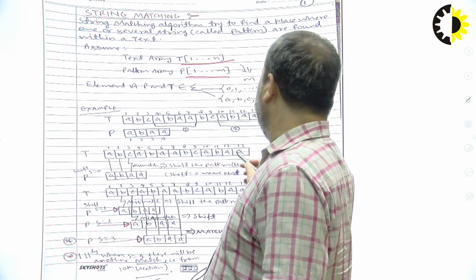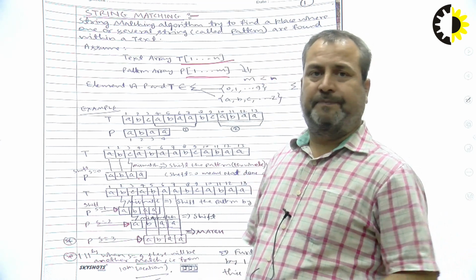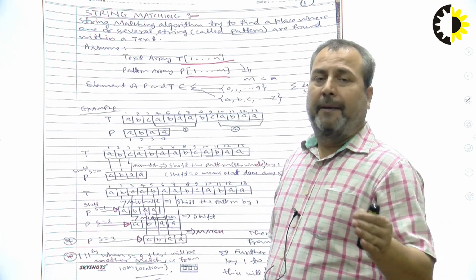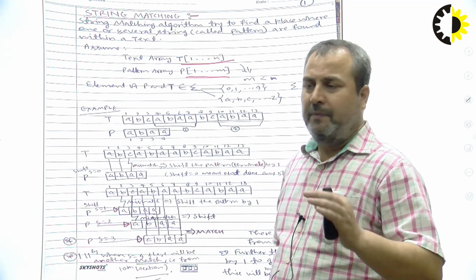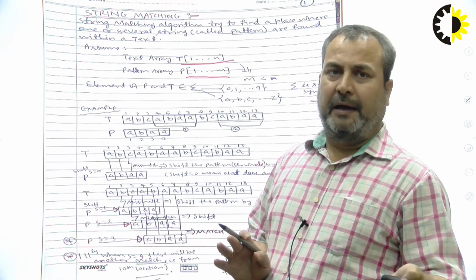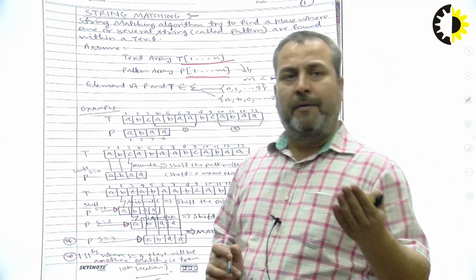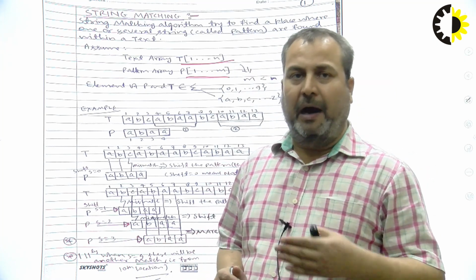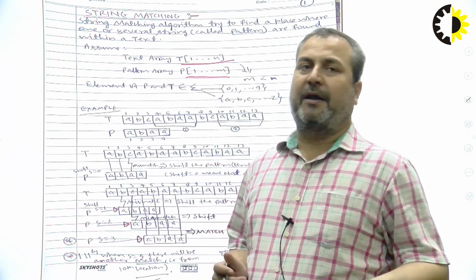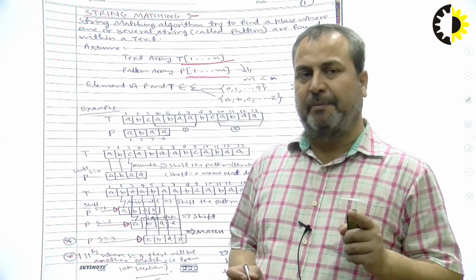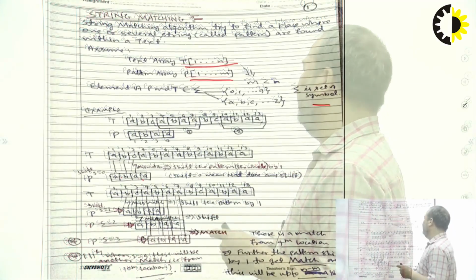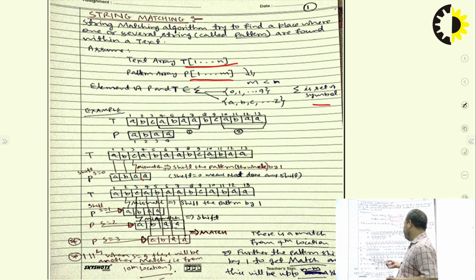If we get a mismatch of any character of the pattern with the corresponding character of the text, then we shift the whole pattern by 1.